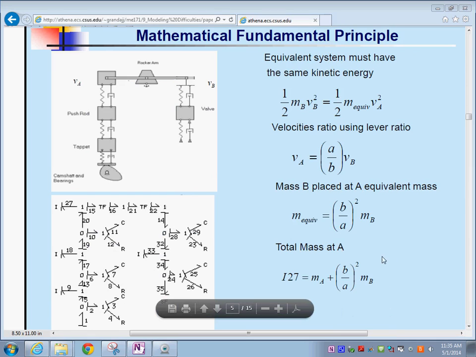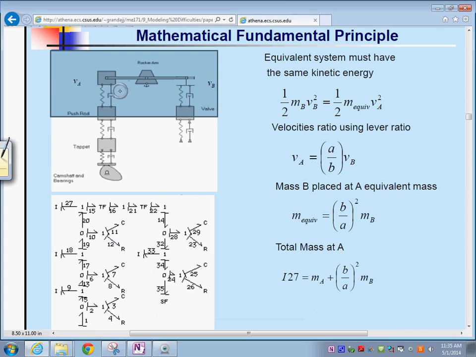Now, in order to produce an equivalent system where we only have one mass on the left-hand side over here, we need to make sure that the effect of this mass, in fact, does the same thing as the two that we had before.